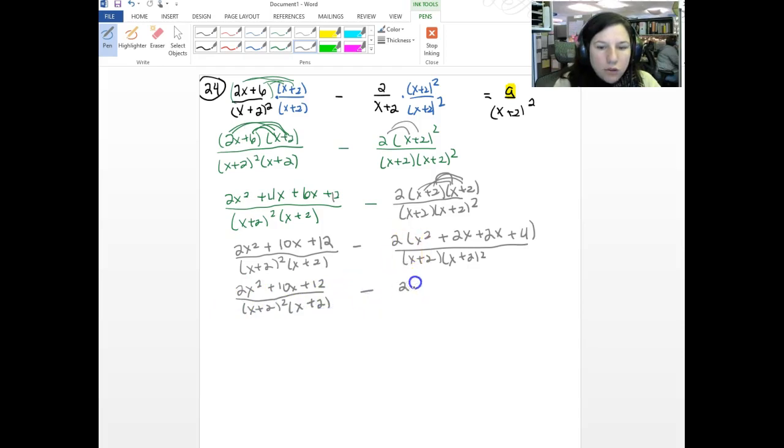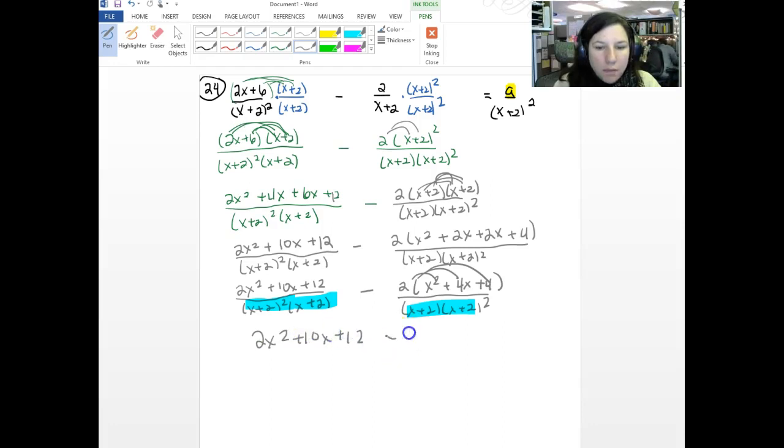Okay, and then we have 2 times x squared plus 4x plus 4. Okay, and now we have finally accomplished these common denominators. I'm going to do one more simplification here. So it's going to be 2x squared plus 10x plus 12 minus 2x squared.